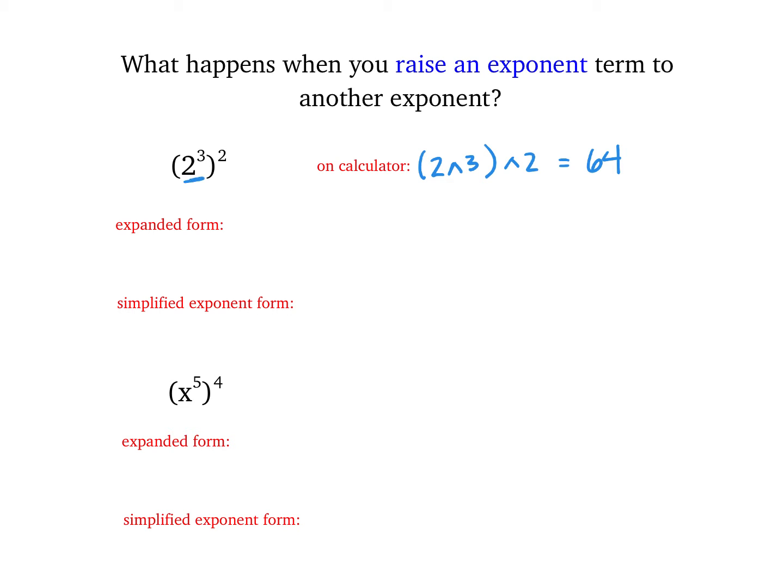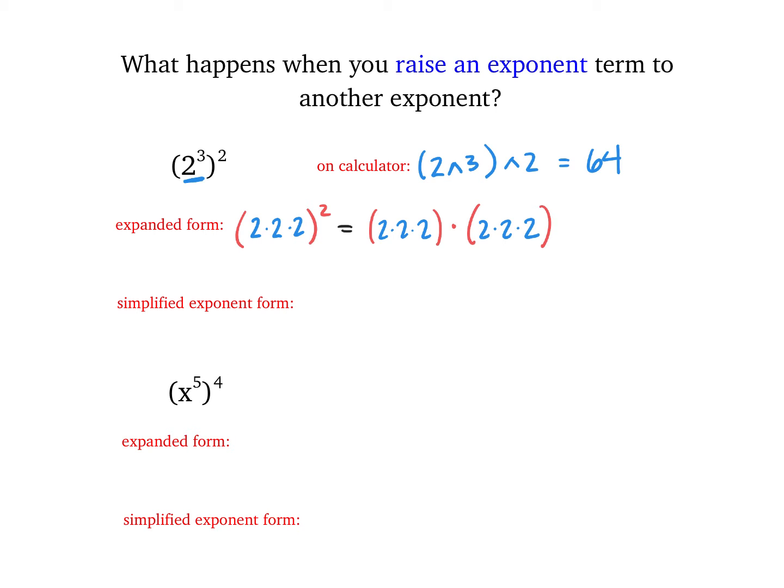If we think about what 2 to the third means, that means 2 times 2 times 2, a total of 3 times. But what's happening is that is all getting squared. And I know that squaring means multiplying something by itself. So I have one group of 2 times 2 times 2 times another group of 2 times 2 times 2.